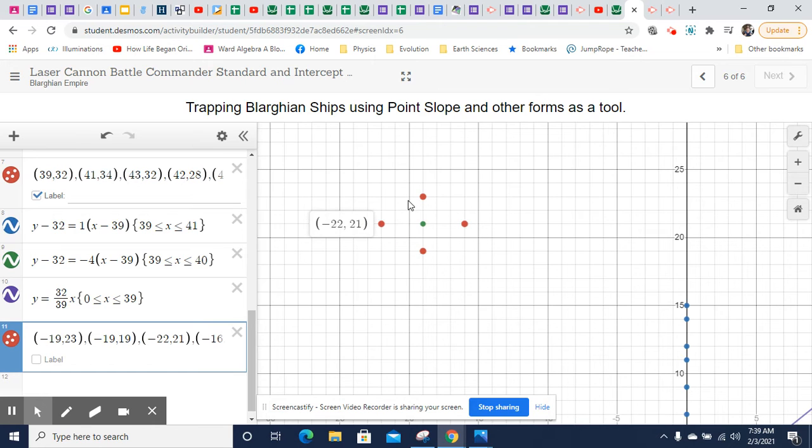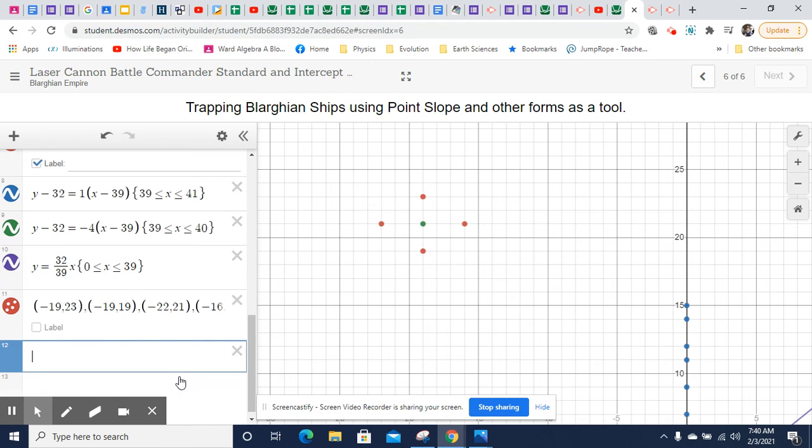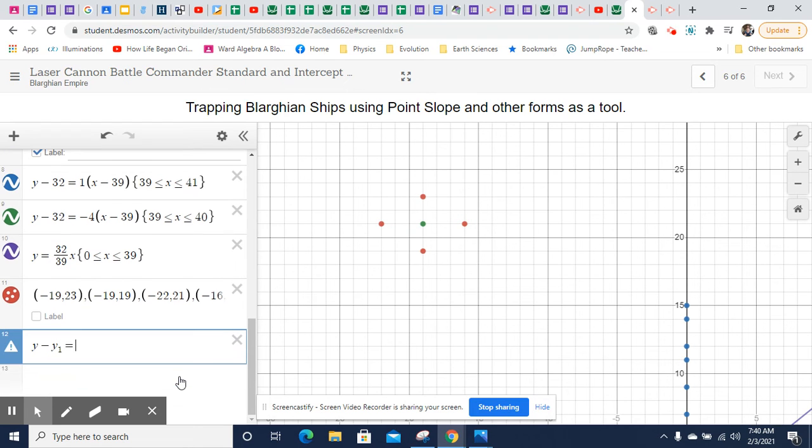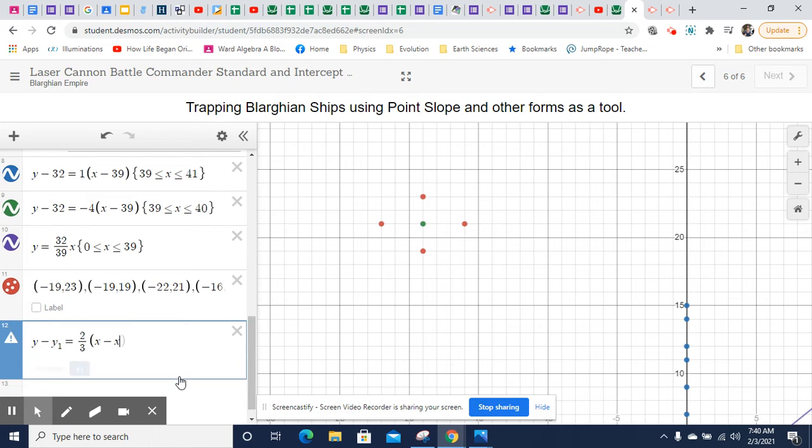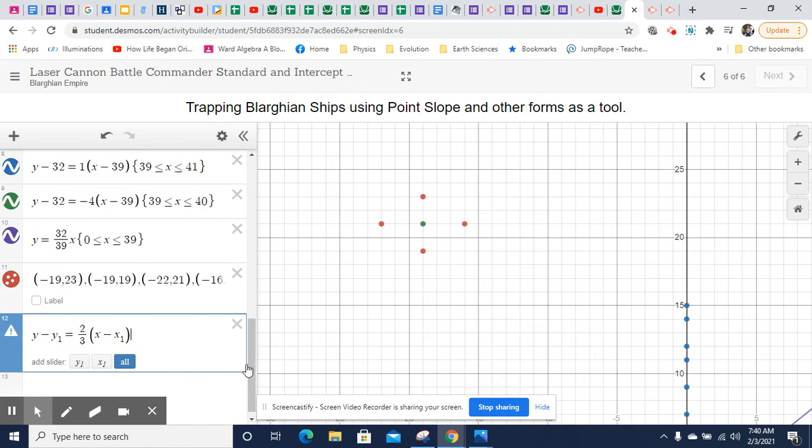So I just need to create a point-slope form line from here to here. Now, you might notice very quickly that the slope here is up 2 over 3 on the graph. So we can very quickly create an equation. It's going to be y minus y1 equals 2/3 times x minus x1. That's the point-slope form.